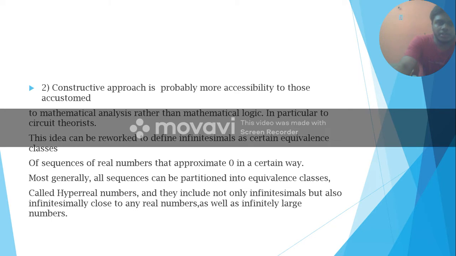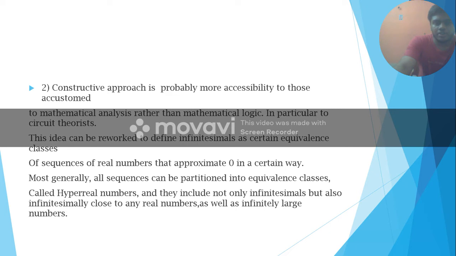The second type of approach is the constructive approach. It is probably more accessible to those customary to mathematical analysis rather than mathematical logic, in particular to circuit theorists. This idea is reworked for infinitesimals and certain equivalence classes of sequences.